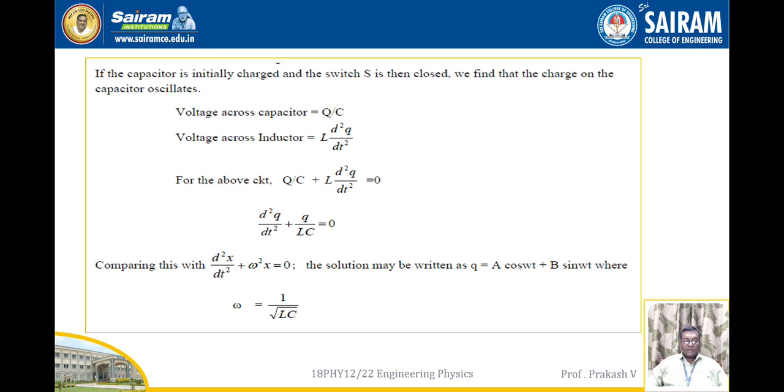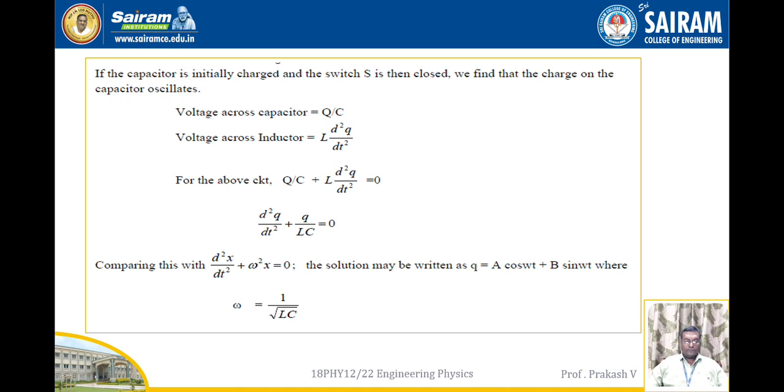Here L is the inductance and C is the capacitance of the capacitor. For the above, we can write Q by C plus L into d square Q by dt square is equal to 0.